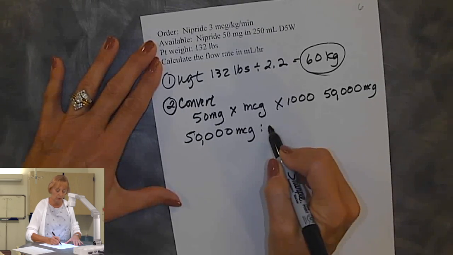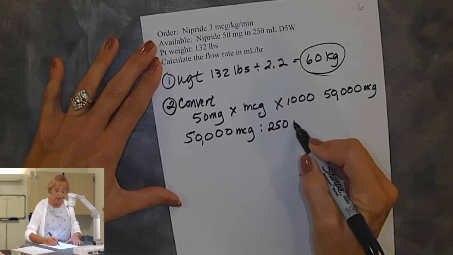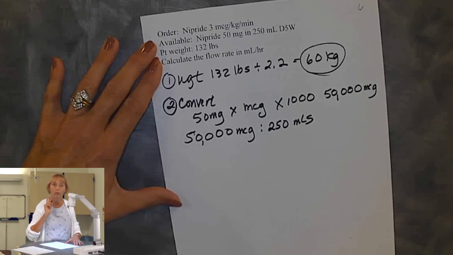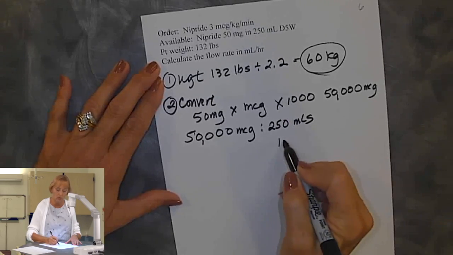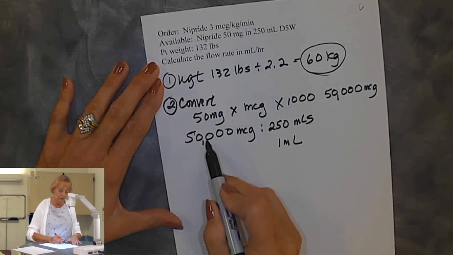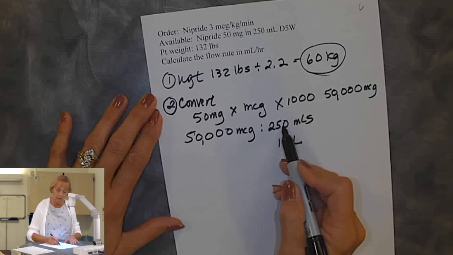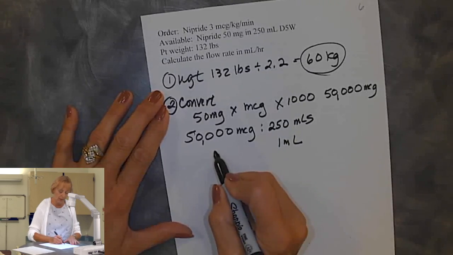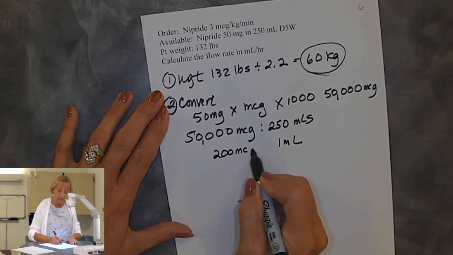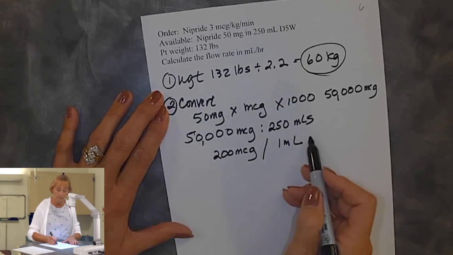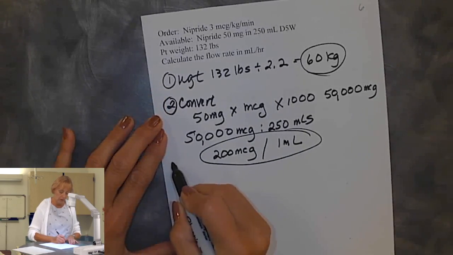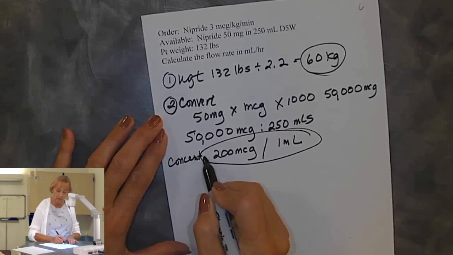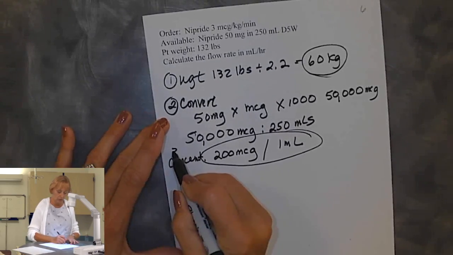Micrograms per 250 mLs. Once again, reduce to your lowest form so that this mL is a 1 mL. So if you take 50,000, divide it by 250, then you find you have 200 micrograms per 1 mL, a much easier number to work with. So this is your concentration.